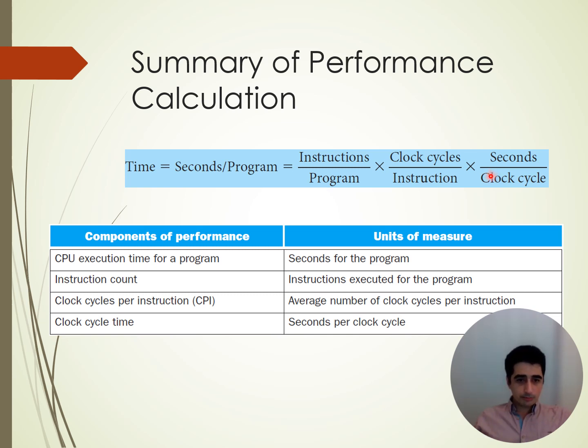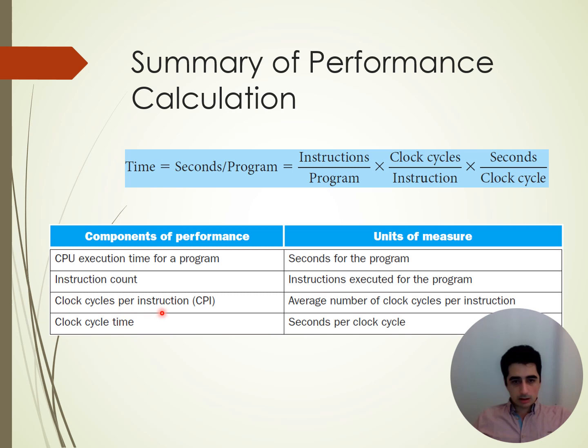And the measurement units for each quantity are as follows. For the CPU execution time for a program, the measurement unit is seconds, right? The instruction count has no specific measurement unit because that's basically the number of instructions that are executed for the program.